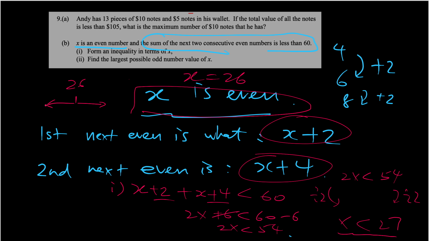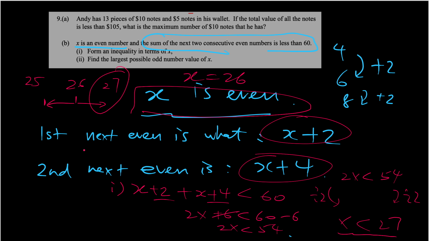So if you go to the left, the odd will be 25, right? If you go to the right, that will be 27, right? Okay, good. So find the largest possible odd number value of x. So you take which one? The largest possible odd number should be 27. Yep. Okay, should be 27.